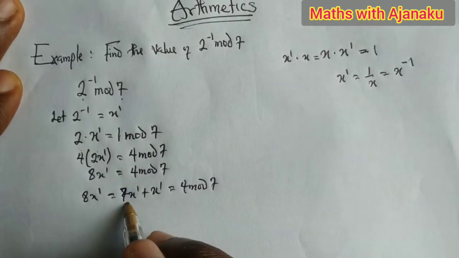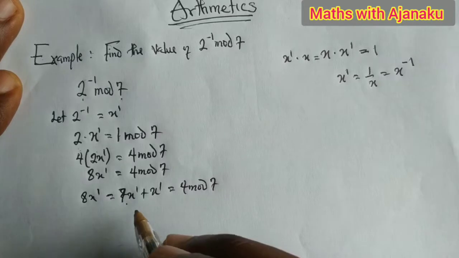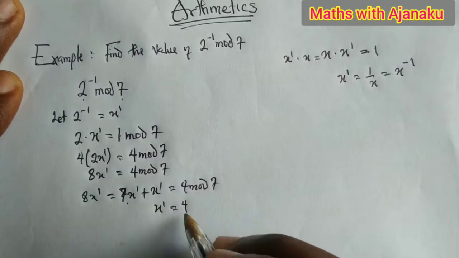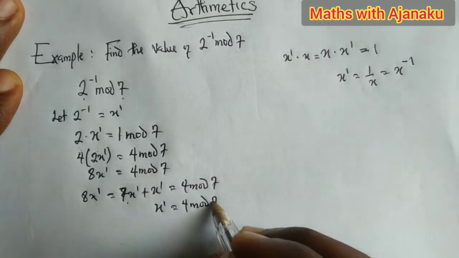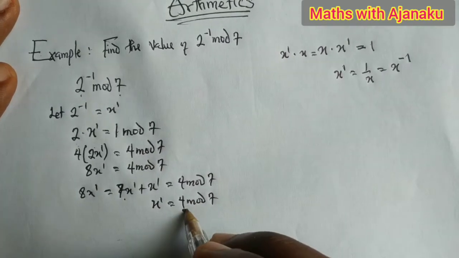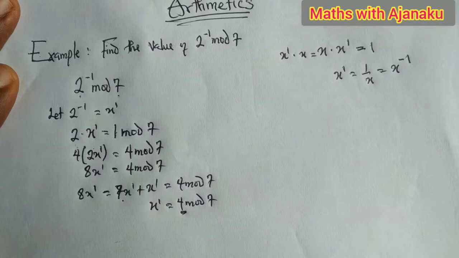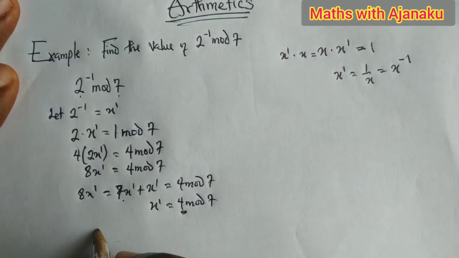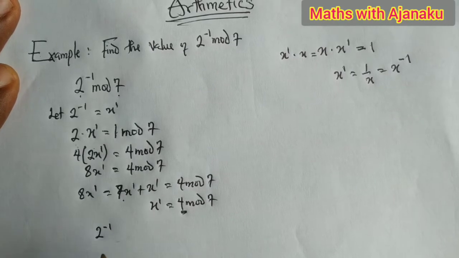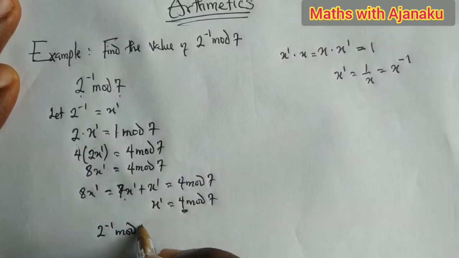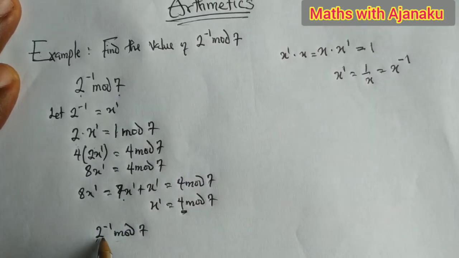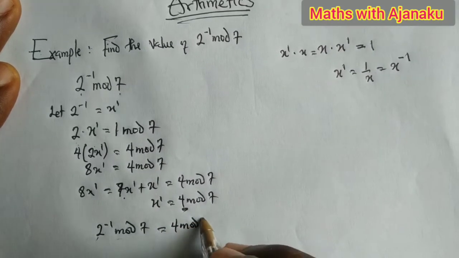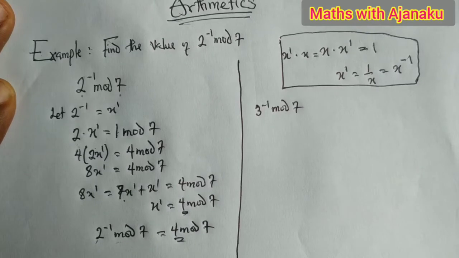Since 7x prime is a multiple of 7, it becomes 0, then I get x prime equal to 4 modulo 7. Therefore, this is the inverse of 2 in modulo 7. So 2 raised to power minus 1 modulo 7 is equal to 4 modulo 7. I hope that's very clear.